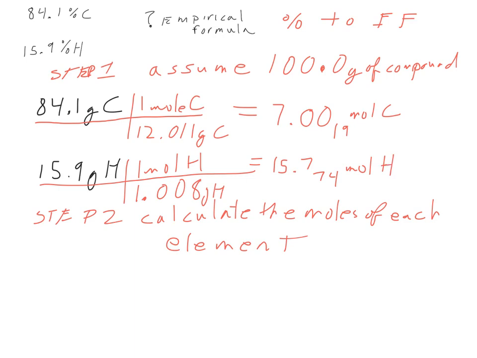One thing you do not want to do when you're figuring the empirical formula from percent composition is cheat yourself when it comes to sig figs. It's always better to carry too many sig figs in your calculations than too few when you're doing empirical formula. So that finishes step 2. We've calculated the moles of each element. Now we want to do step 3.